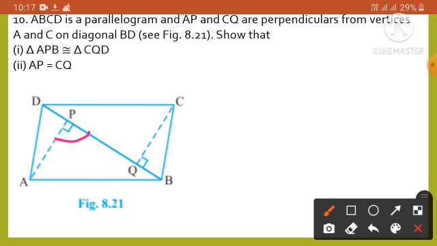Now AB equal to CD, as opposite sides of a parallelogram ABCD are equal.